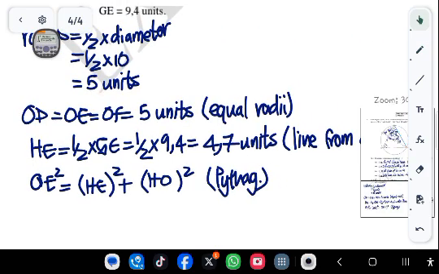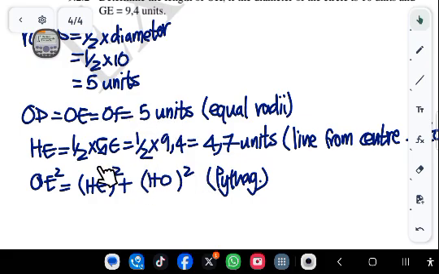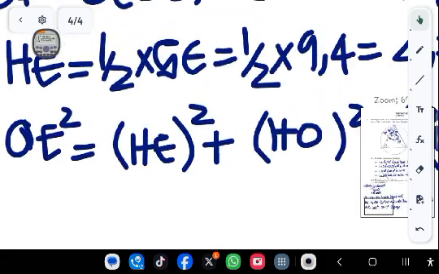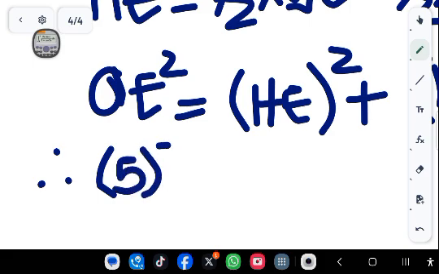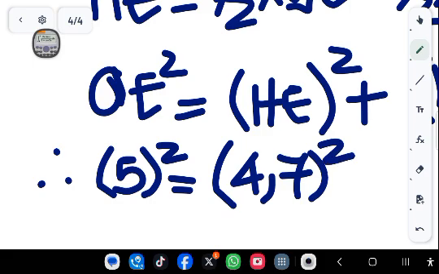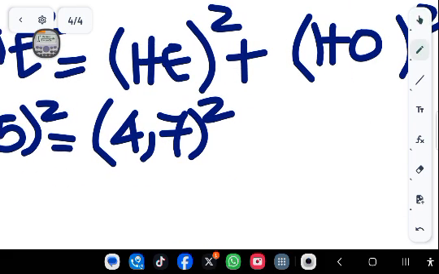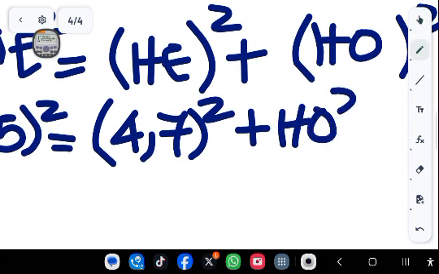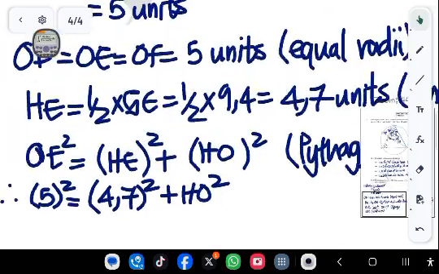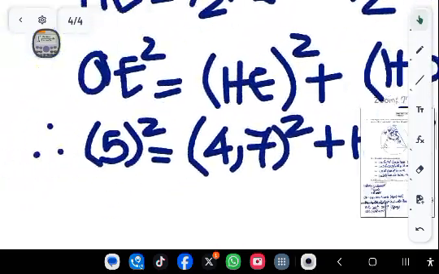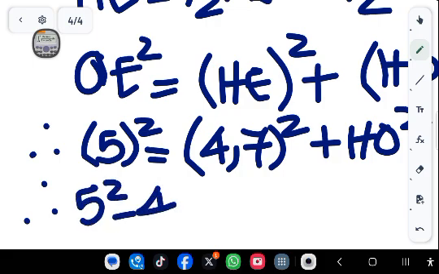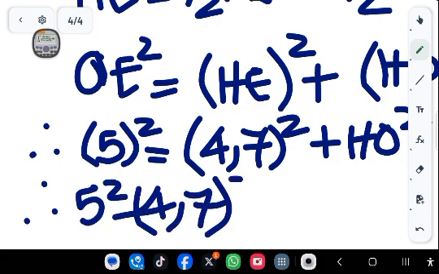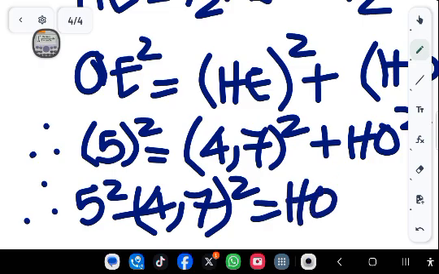Now OE is 5 units. HE is 4,7 units. So let's substitute. Always substitute because you get marks for that. The one we're looking for is HO. Now we take everything to the left hand side: 5 squared minus 4,7 all squared equals HO squared.